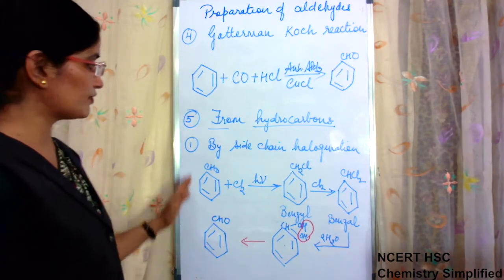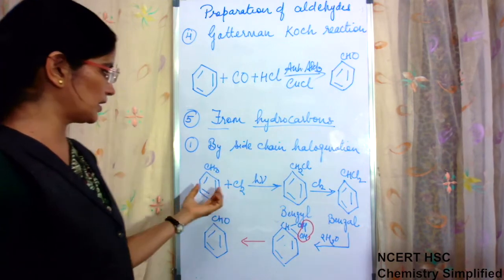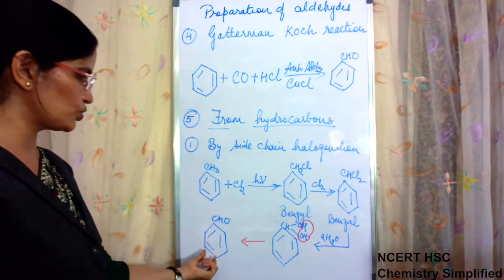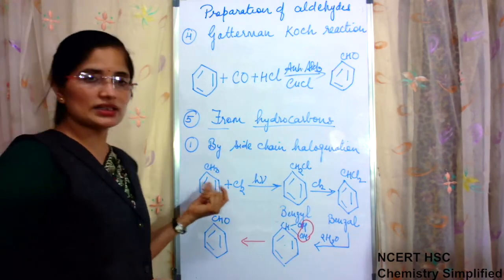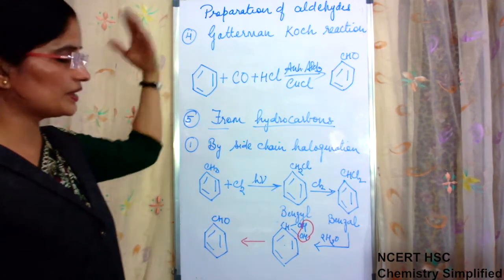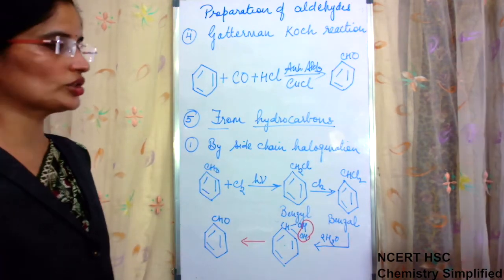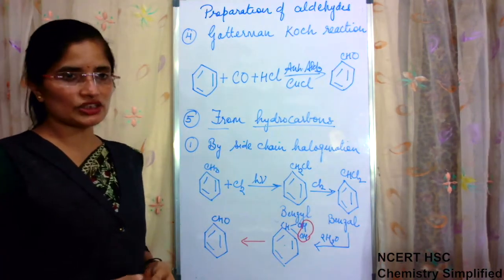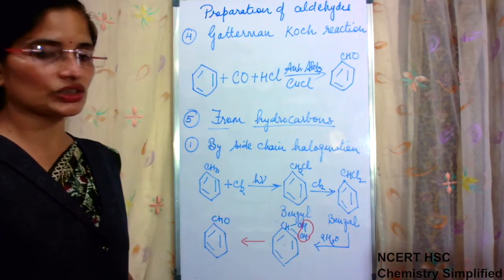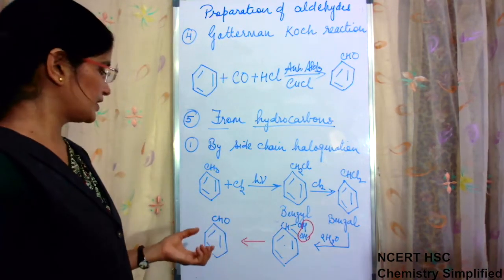So this is one of the methods. By using hydrocarbons, we can convert methyl benzenes into benzaldehyde. And this is a type of oxidation reaction. The previous reactions which we have seen, Rosenmund reaction, Stephen reaction or reaction with DIBAL-H, those all reactions were reduction reactions. This reaction is an oxidation reaction.